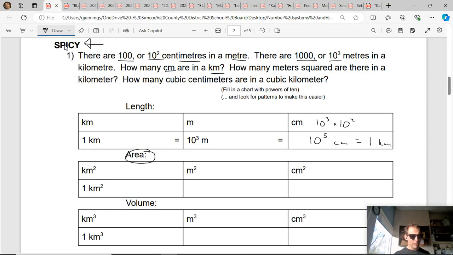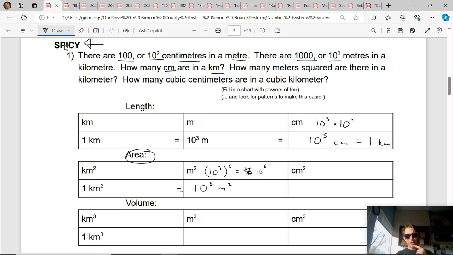Okay, so here, if we go back, I know the 1 kilometer squared. Well, this would be 10 to the 3 meters, but I got to square that. So that's going to be 10 to the 6. Multiply the exponents, in this case, 6. So this is going to be 10 to the 6 meters squared, the same thing as 1 kilometer squared.